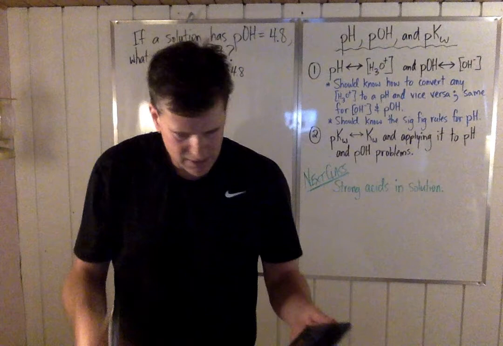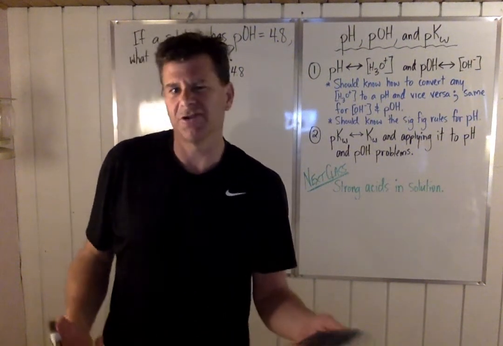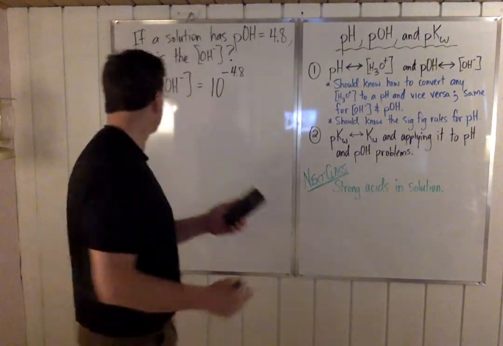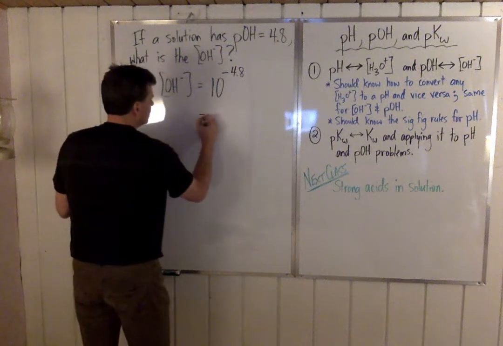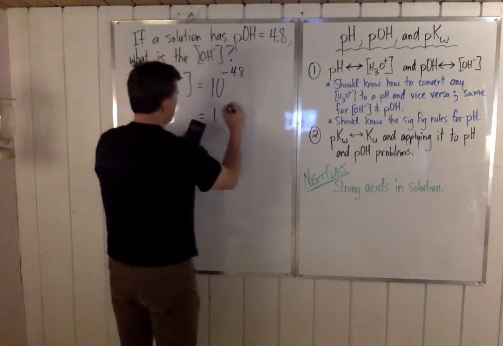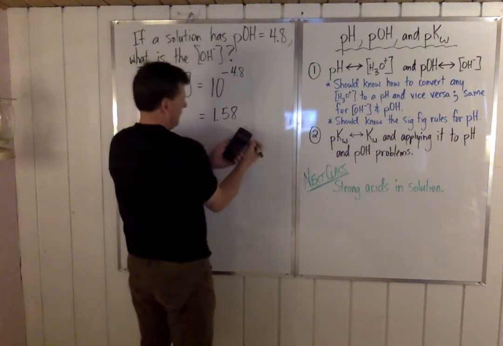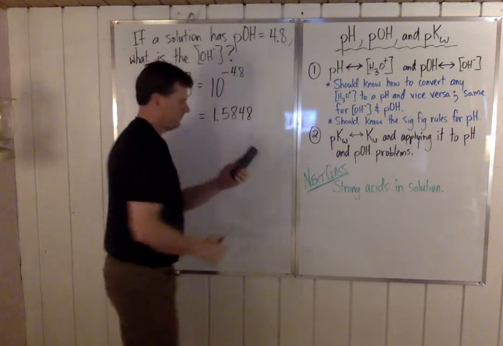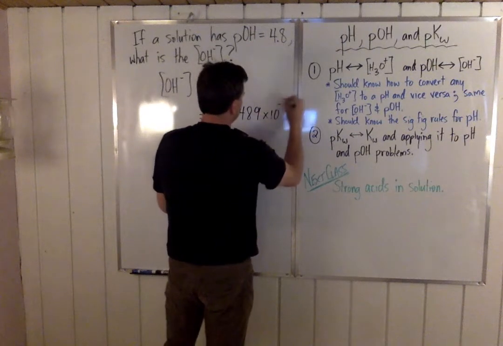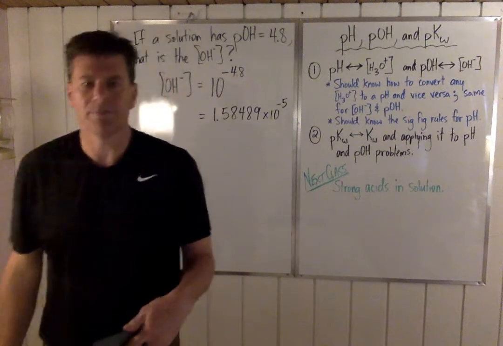And if I hit equals, then on my calculator I've got, typically in scientific notation, because you're going to generally get fairly small numbers, sometimes it won't. So I've got, again, the hydroxide concentration. I'll put a lot of digits here, 1.5849 times 10 to the negative 5. Okay, so that's what my calculator is saying.